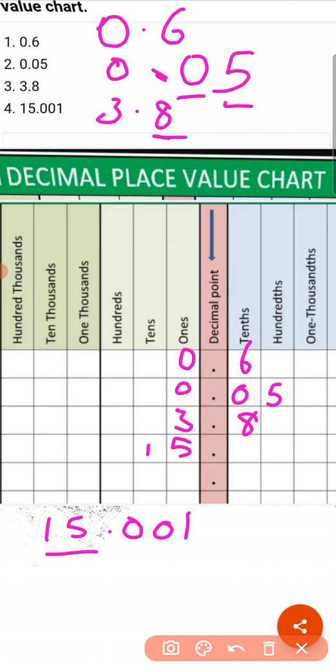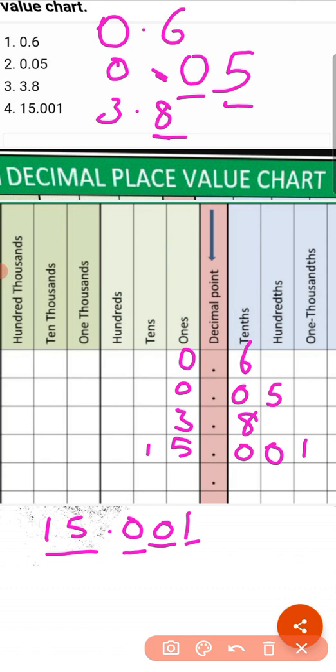Okay. Now let us place the decimal part. The first digit is 0, 0 tenths. Then the second is again 0, 0 hundredths. Then the third is 1, 1 thousandth.